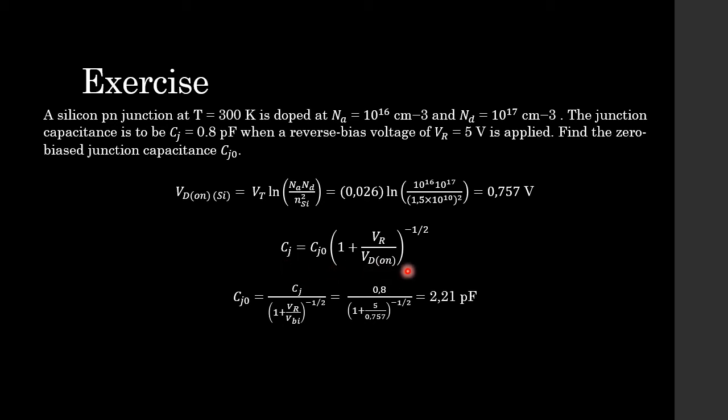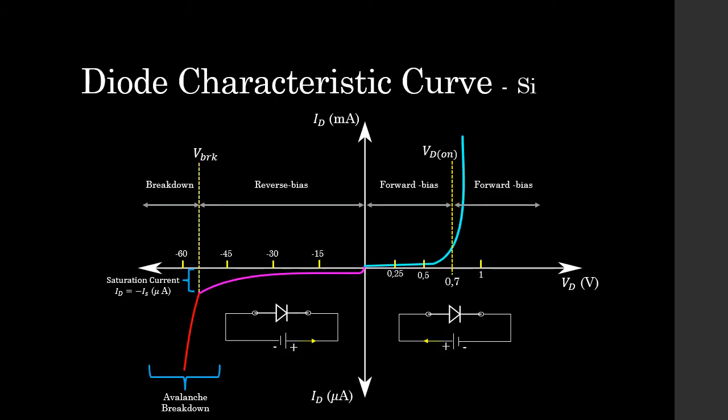We do some hammering about to make the junction capacitance in the zero bias condition the subject of the formula. And then it's a simple plug and play so that we can calculate 2.21 picofarads as our zero bias junction capacitance, or Cj naught.